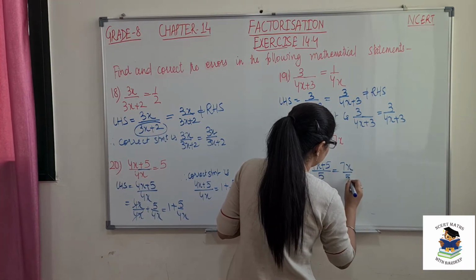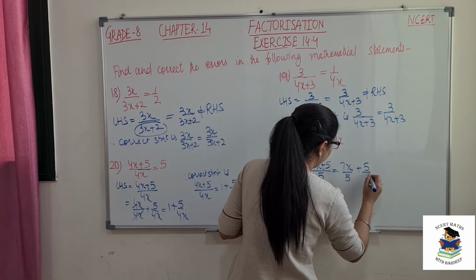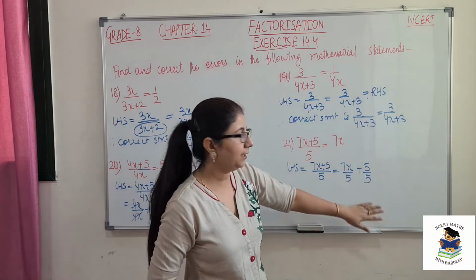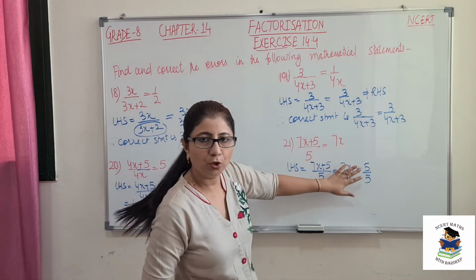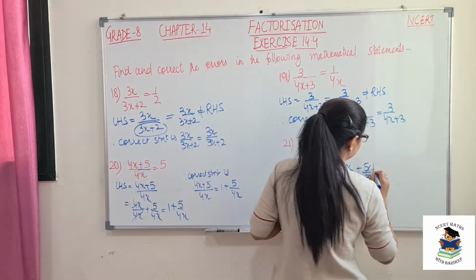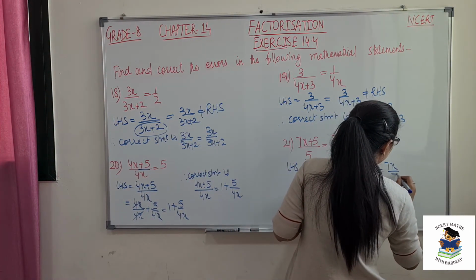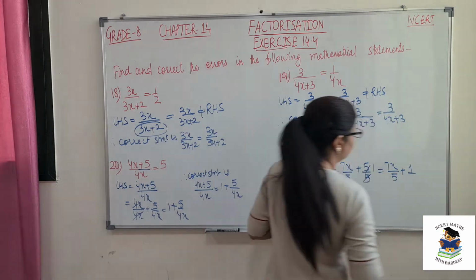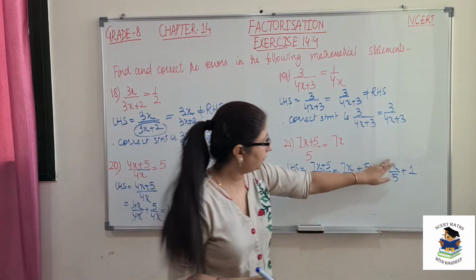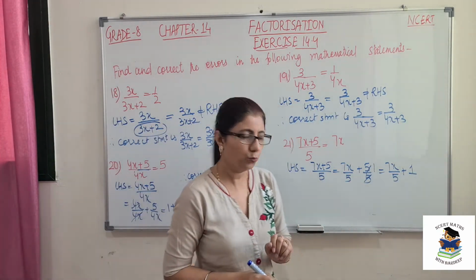So it should be 7x by 5 and 5 by 5. Now I can cancel this 5 by 5, but this cannot be cancelled. So the answer should be 7x over 5 plus 1.